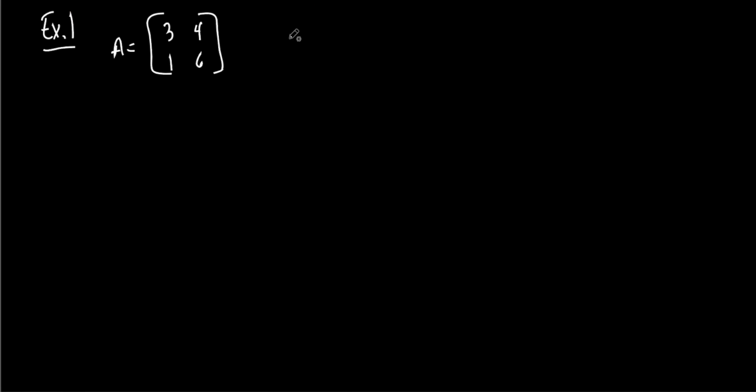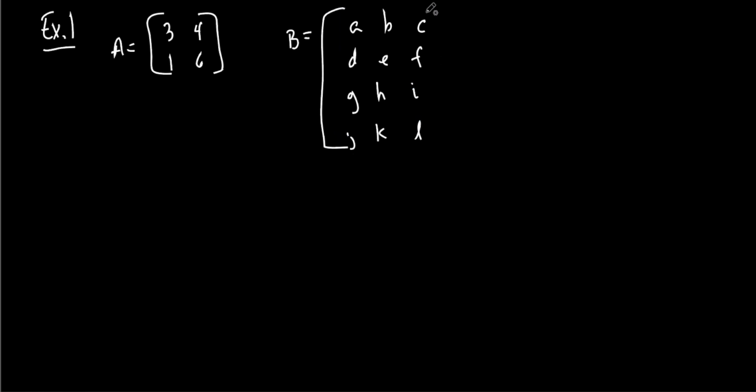So there's matrix A. Here's matrix B. A, B, C, D, E, F, G, H, I, J, K, and L. All right? Again, it doesn't matter what's in here, and it doesn't have to be numbers inside the matrix. The things that are inside the matrix, they're the elements. So you could have letters in there. You could have a bunch of different things in there, but normally we would have numbers. In this case, there's letters.